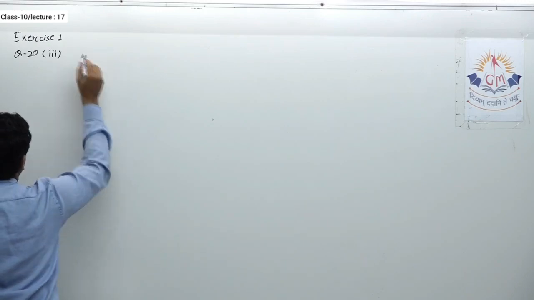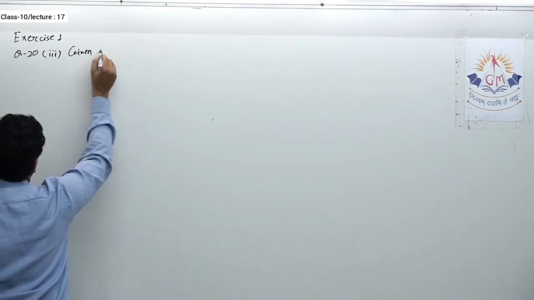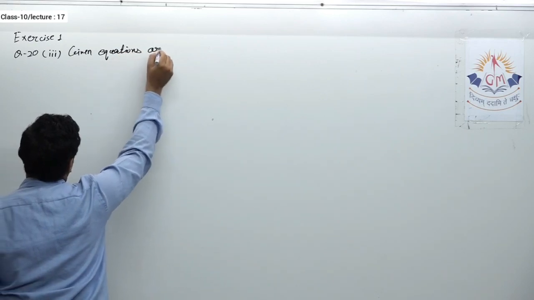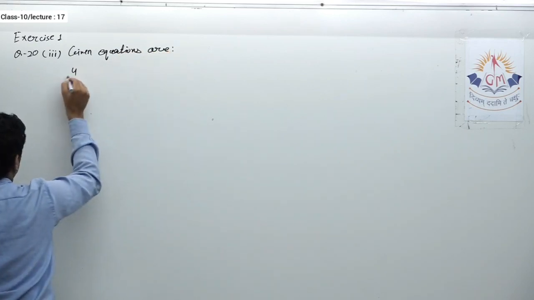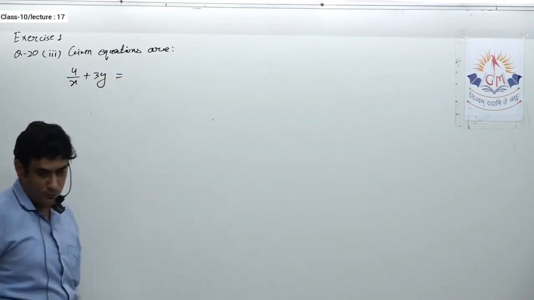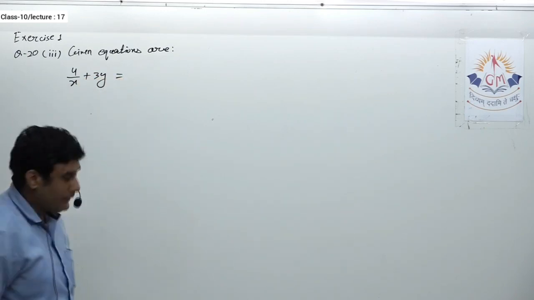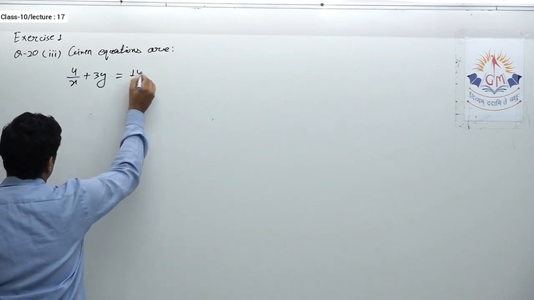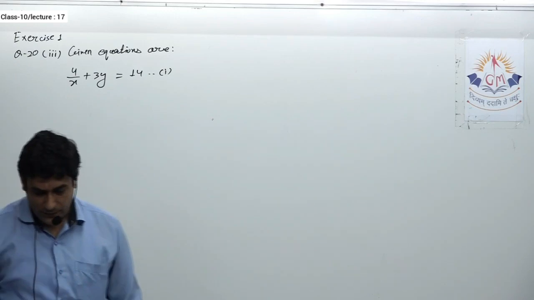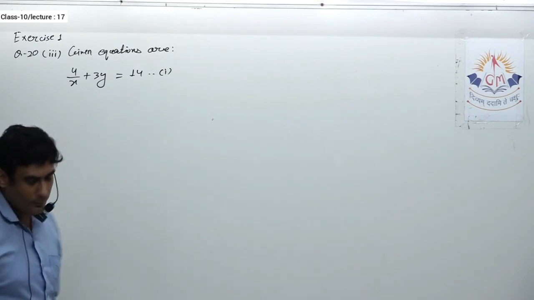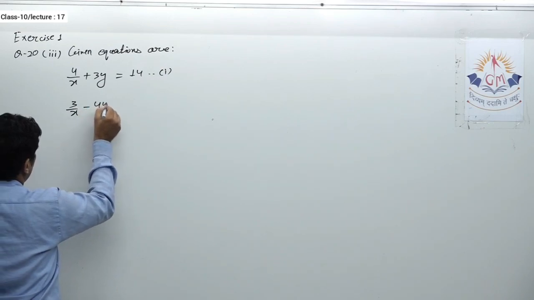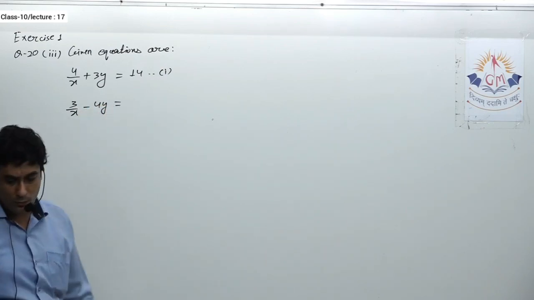Okay, I can directly write given equations are 4 upon x plus 3y is equal to 14. Okay, let it be equation number 1. Now another equation is 3 upon x minus 4y is equal to 23.